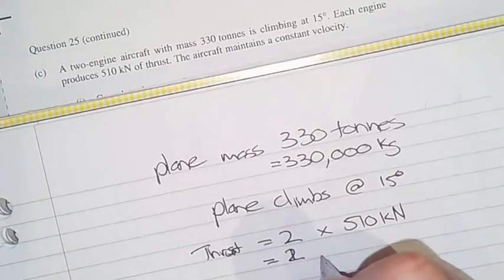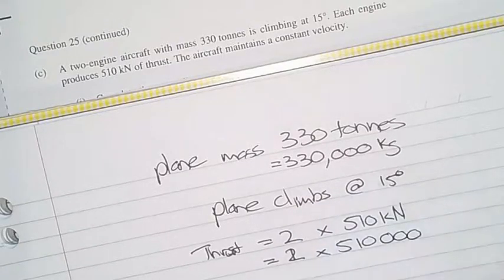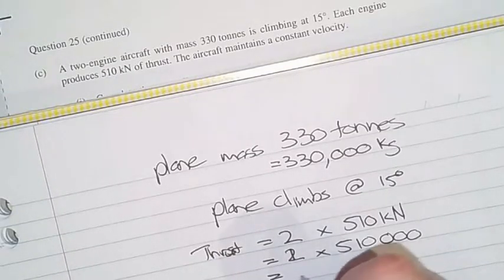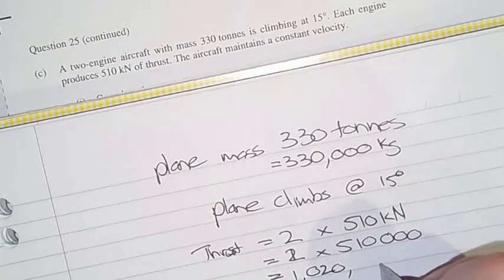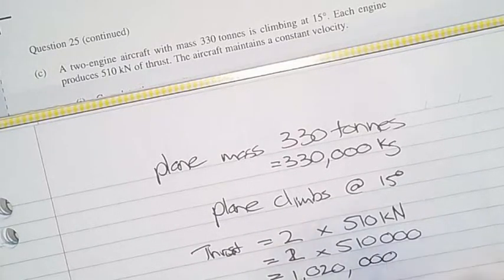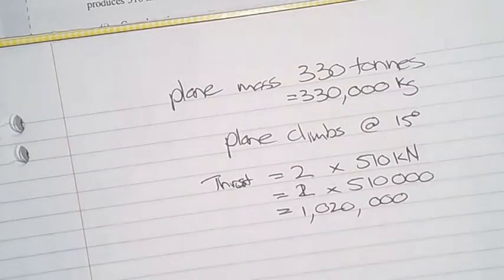So that is 2 by 510,000, which then equals 1,020,000. I'll be honest, I've done this earlier on a calculator, but you'd be pumping these numbers into the calculator to get it.